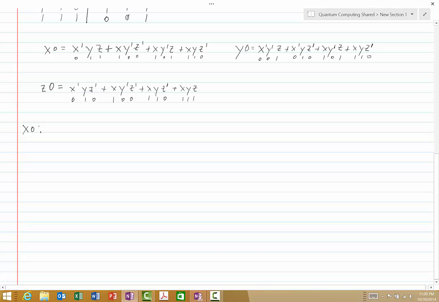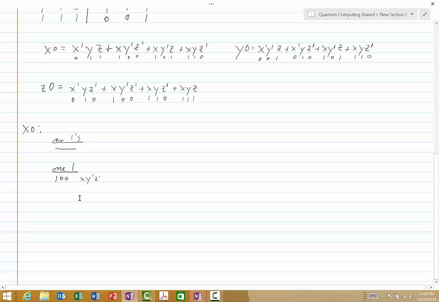And let's say no ones. Okay, there isn't anything in that category for x0. Each one of these terms has at least one 1 in it. So now let's go to the next one, the one 1 group. And the 1, 0, 0 term is the only one that we'll have there. So we have 1, 0, 0, and that is x, y prime, z prime.